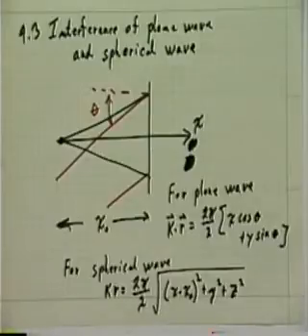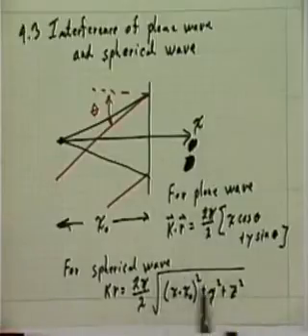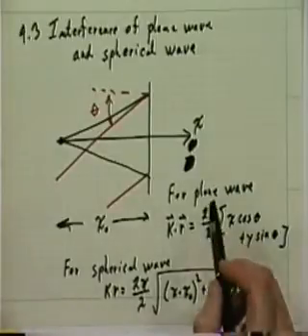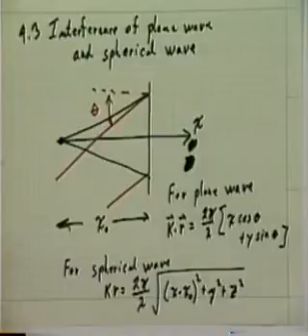So that will be the OPD, the phase, for the plane wave and the spherical wave. Now what we want to determine here is the shape of the fringes, and the shape of the fringes will depend upon the phase difference between the two interfering beams.